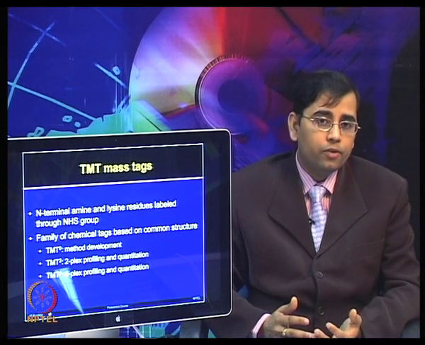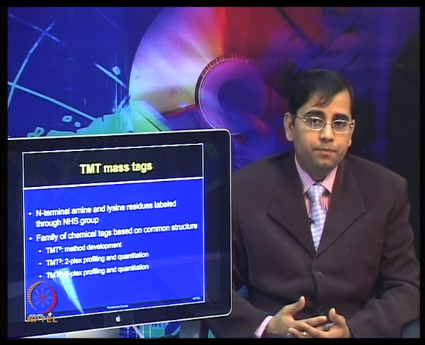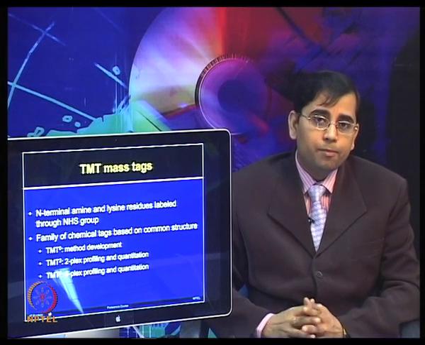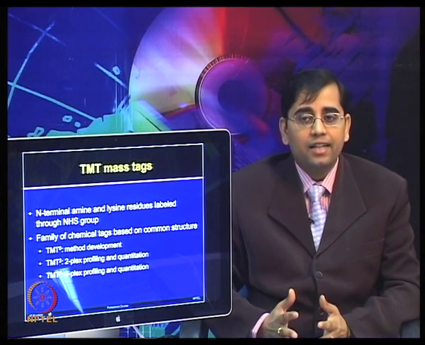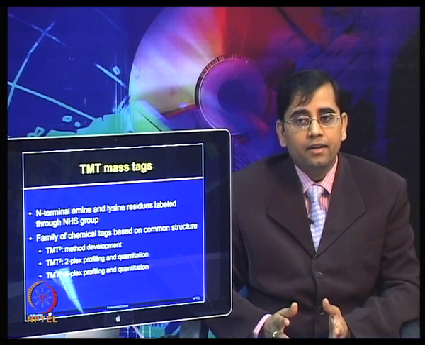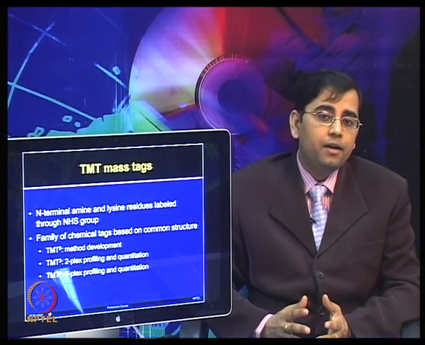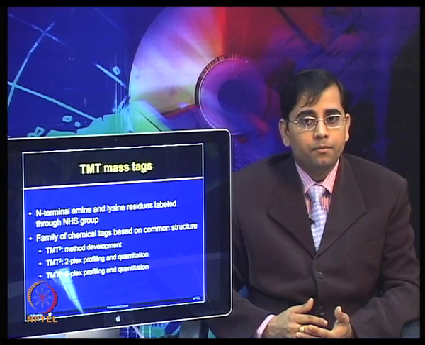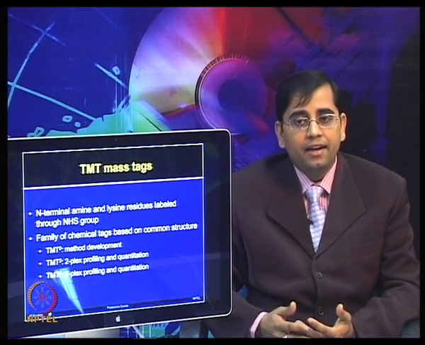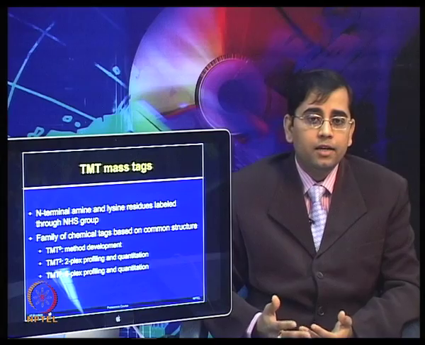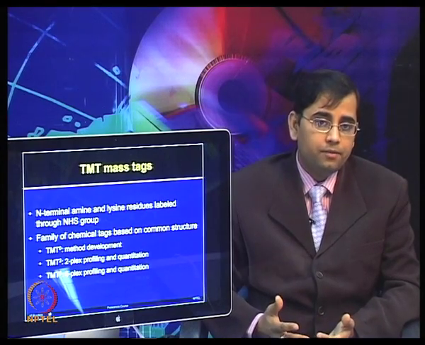Therefore, it allows for relative quantitation. In the TMT 6-plex, each tag adds a mass of 229 Daltons per labeled amine to the protein. The TMT duplex and TMT 0 share the TMT core structures.